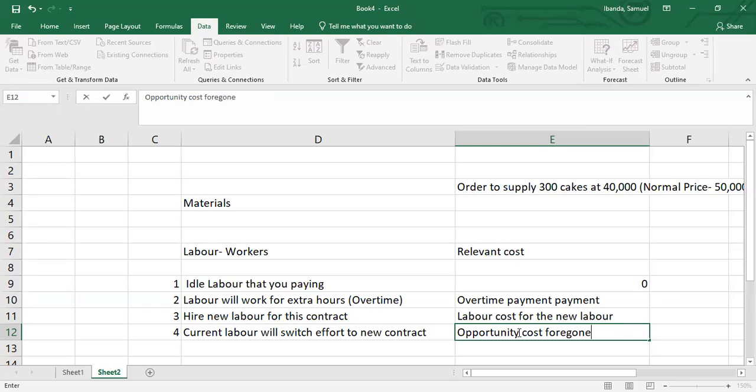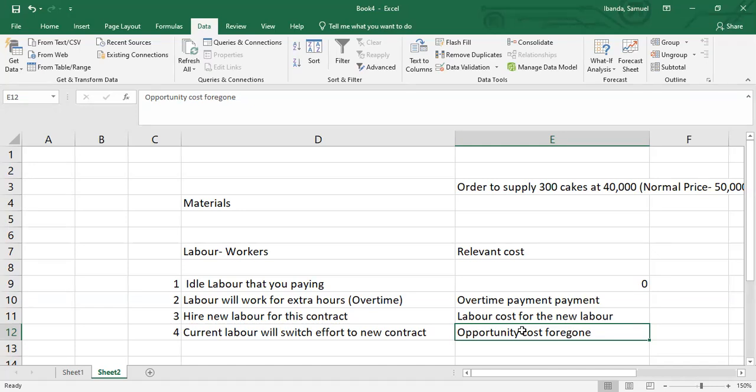Are we together? Now, if this labor was going to produce, let's say, bread for a business type like this, we shall look at how much we would have been able to get in terms of production of bread from this labor, and that will be our relevant cost. You get it? That will be our relevant cost for this specific contract.